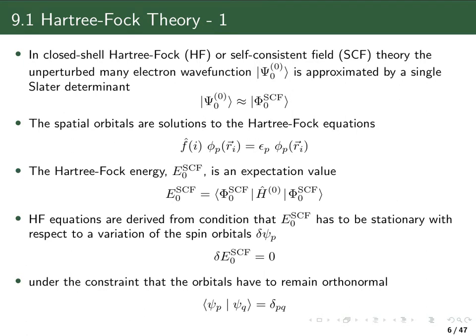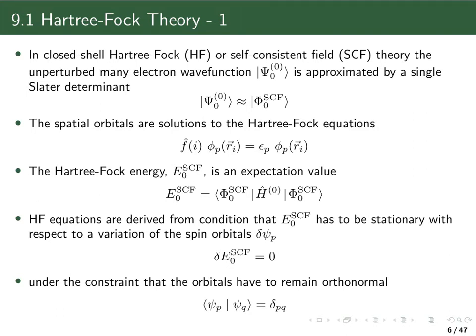using the variational principle. So they are derived from the condition that the Hartree-Fock energy is stationary with respect to an infinitely small variation in all the different spin orbitals, psi p. So the linear variation of the SDF energy or Hartree-Fock energy is equal to 0.